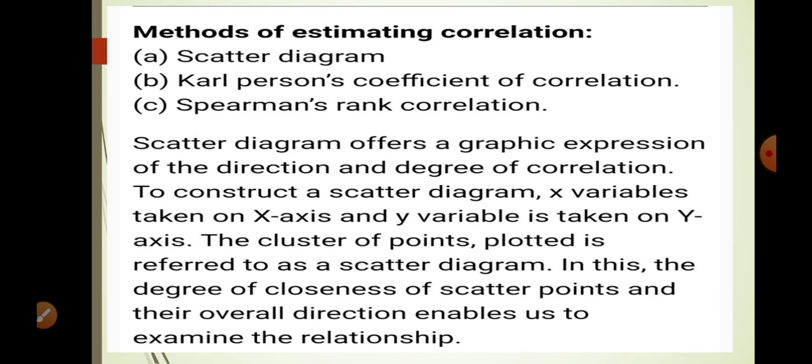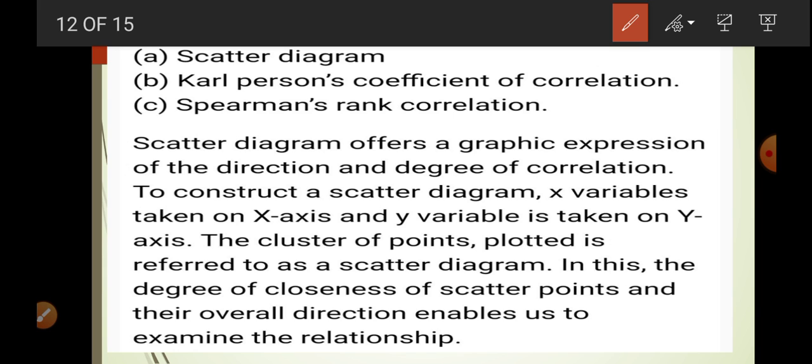Okay, now methods of estimating correlation, so there are three methods: scatter diagram, Karl Pearson coefficient of correlation and Spearman. But this time Spearman is deleted from your syllabus, so in this way you have to learn scatter diagram and Karl Pearson.